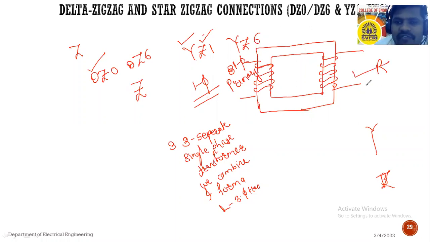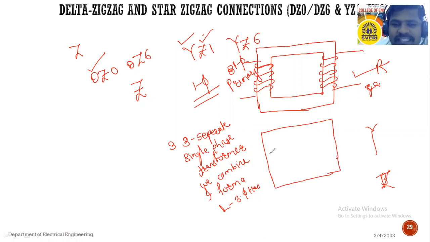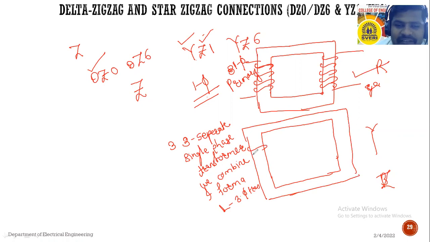This is what I have drawn for the general transformer connection. Suppose I am drawing only a single phase transformer, that is a zigzag single phase transformer. Again the primary has one winding.